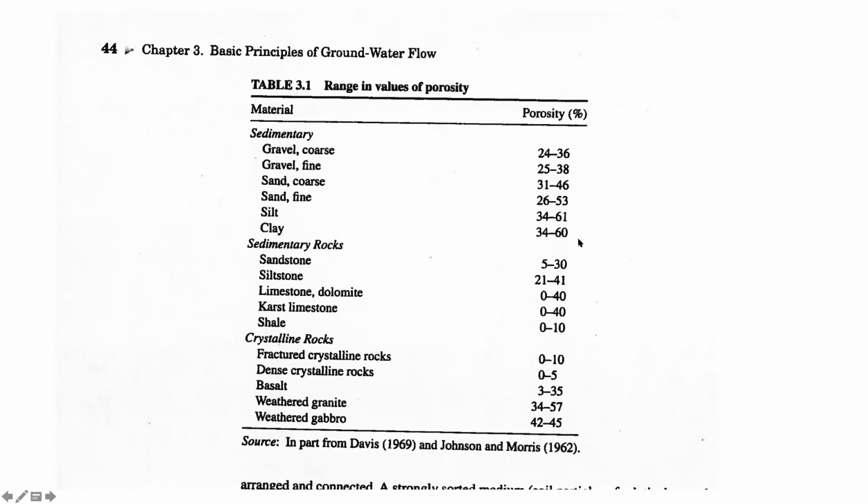Some clays, depending on some other properties, can be as high as 60%. I've never measured a porosity that high. I would consider 40% really high. So bottom line, for unconsolidated sediments, like 30% porosity is not wrong. You're always pretty close at 30%.